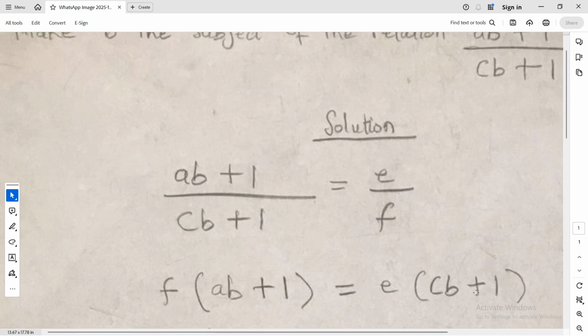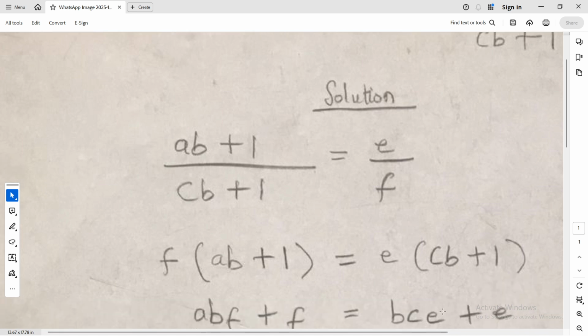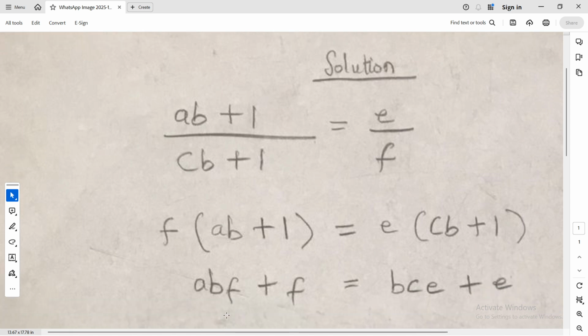So from here we do expansion, we expand, right? F multiplying AB will give us ABF. So you do it in alphabetical order. A comes before B and before F, so you are going to have ABF.